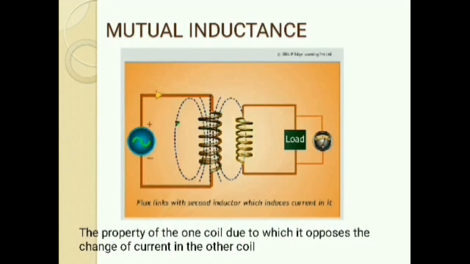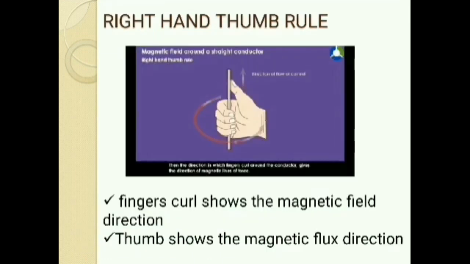Before we go to magnetically coupled circuits, we should know the thumb rule. Maxwell's right hand thumb rule indicates the direction of the magnetic field relative to the direction of the current. If the thumb of the right hand points along the direction of the current, then the remaining four curled fingers of the same hand give the direction of the magnetic field due to the current.